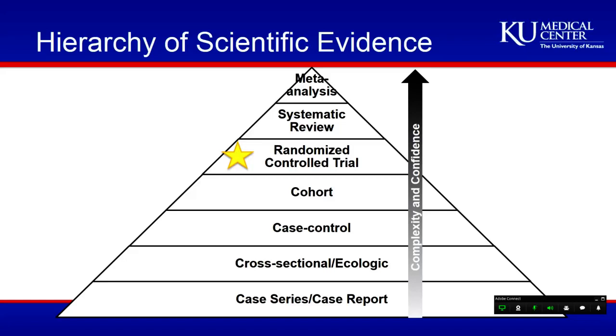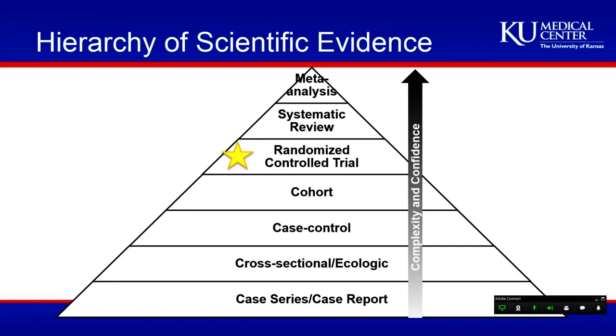As we move down the hierarchy, we're actually removing some aspect of experimentation. When we go from a randomized controlled trial to a cohort study, we remove randomization. That's basically it. A cohort study is a non-randomized trial. When we go from cohort to case control, we could be moving from prospective observation to retrospective observation. Forward inquiry, backward inquiry.